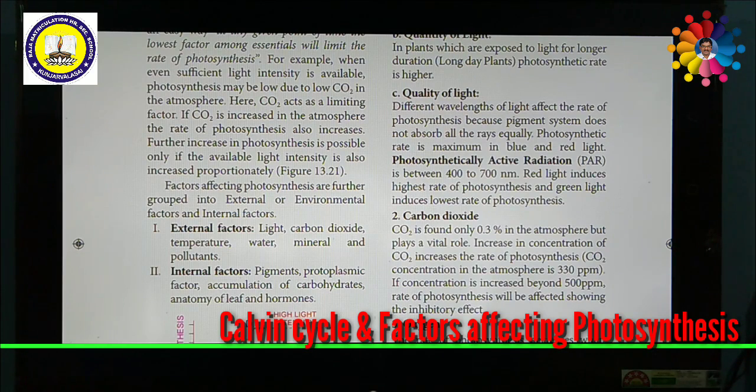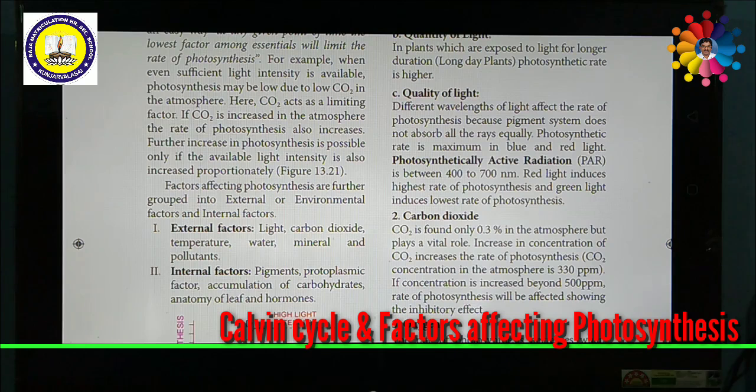Carbon dioxide is found only around 0.03% in the atmosphere. But even though it is very limited, it plays a vital role in the rate of photosynthesis. An increase in the concentration of carbon dioxide will proportionally increase the rate of photosynthesis up to 330 parts per million.